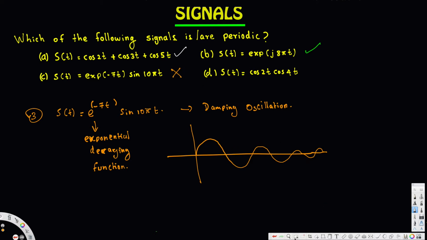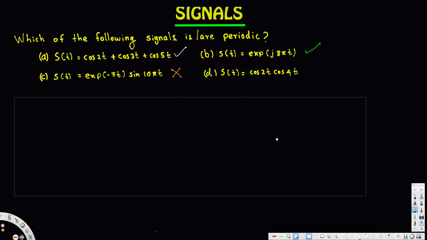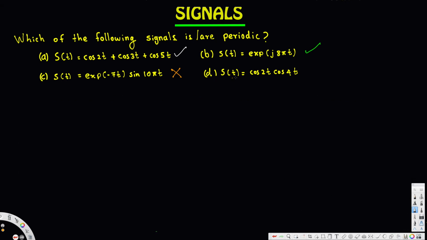Now let's look at the last one, D. s of t is equal to cos 2t cos 4t.